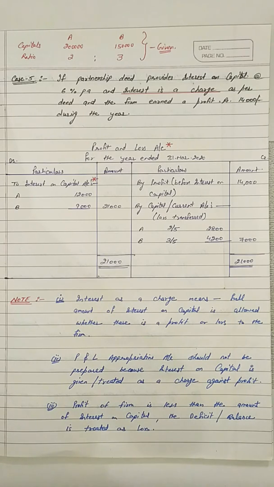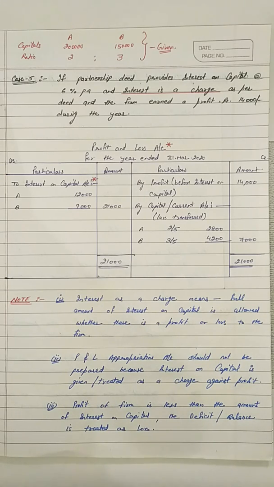When we distribute 21,000 as interest to A and B, but profit available is 14,000, the firm incurs a loss of 7,000, which will be distributed between the partners in their profit sharing ratio, that is 2:3.